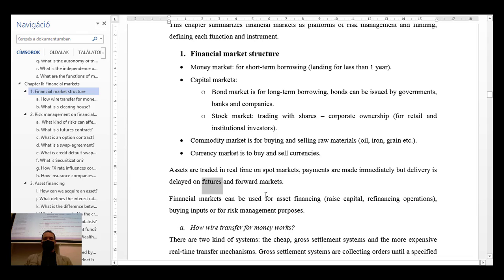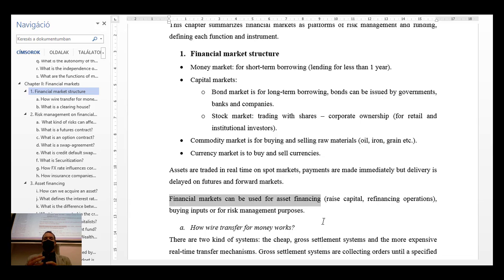And of course, for companies or banks or states, financial markets are always used for asset financing. You want to purchase some asset, it can be a highway, it can be a building, and that's why you want to raise capital, and you are looking for owners. In this case, you go to the stock markets, or you would like to collect debt, to borrow money, but you don't want to go to banks.